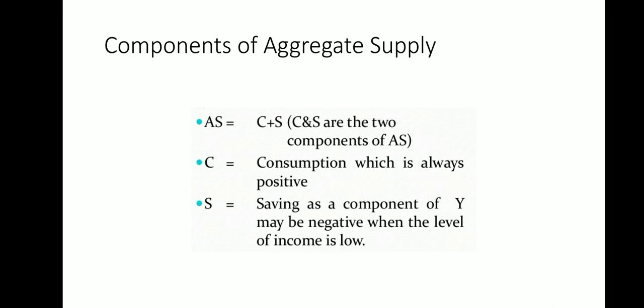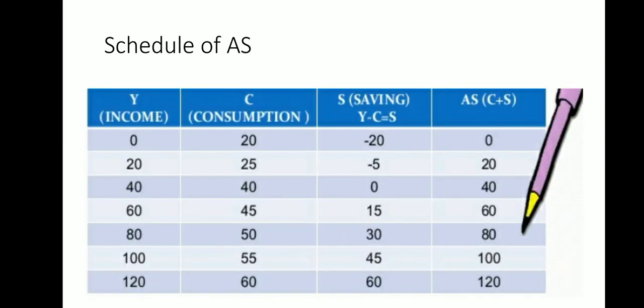Now AS equals C plus S are the components of aggregate supply. C refers to consumption and S refers to saving. Now how you derive a schedule of AS, that is aggregate supply: Y equals 0, autonomous consumption is 20, saving equals minus 20.